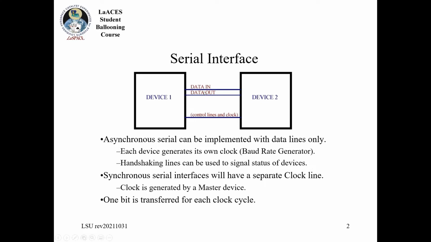In this case, we have an in and an out, but those are two different lines for the data going either from device 1 to device 2, or from device 2 to device 1. The reason this is called serial is you have to send all of the data one bit after another, right? You have to send it in series, serially.